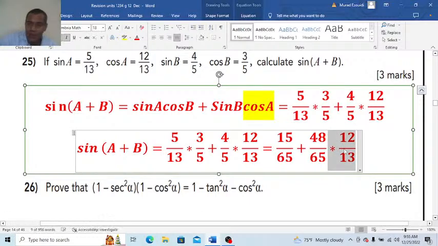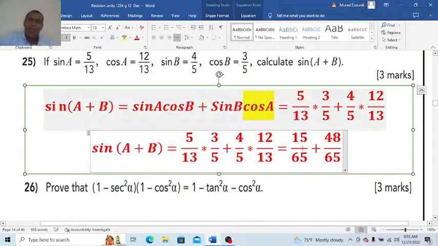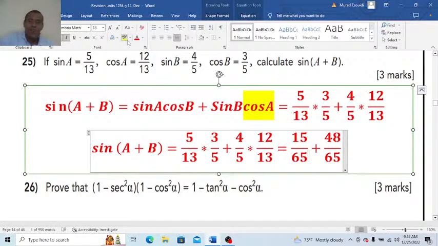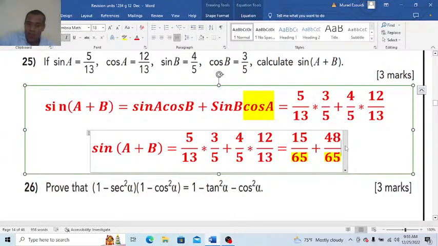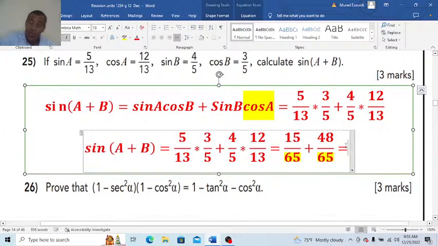Now learners, you can now see that you have two fractions with the same denominator, 65 and here 65. So you should write the denominator as it is, not change, and you should add the numerators, okay. Means that learners, this one in fact is equal to, you should show your work like that, learners, so that you will never lose marks, okay.